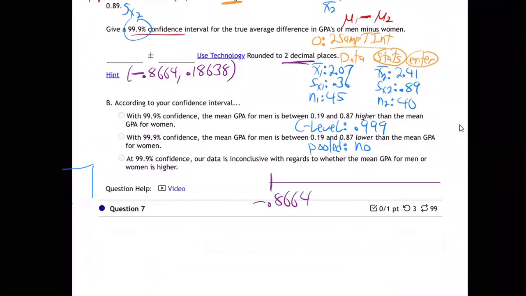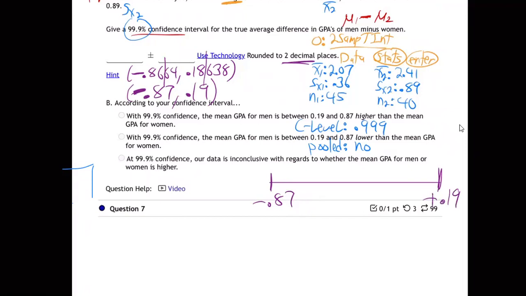So let's make it negative 0.87, and then 0.19, right? So negative 0.87 to positive 0.19. So we're saying that's our confidence interval.